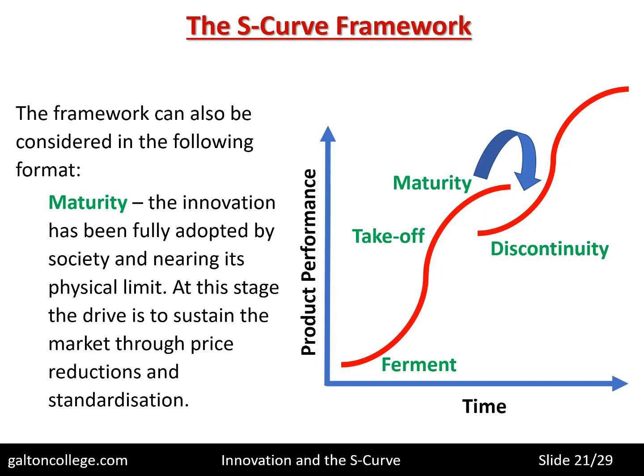Maturity, the innovation has been fully adopted by society or by the company or by the market and nearing its physical limit. At this stage, the drive is to sustain the market through price reductions and standardization. So the company is at physical capacity. It can't produce more. It's at maturity.